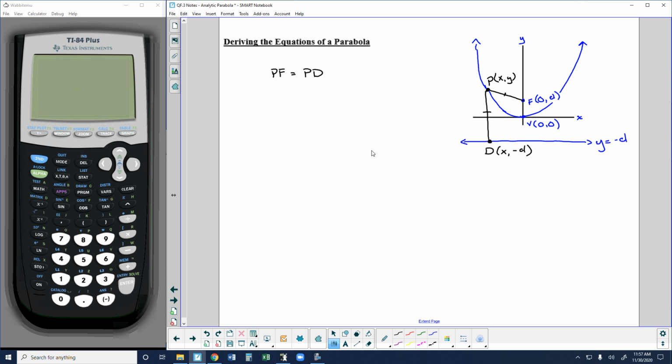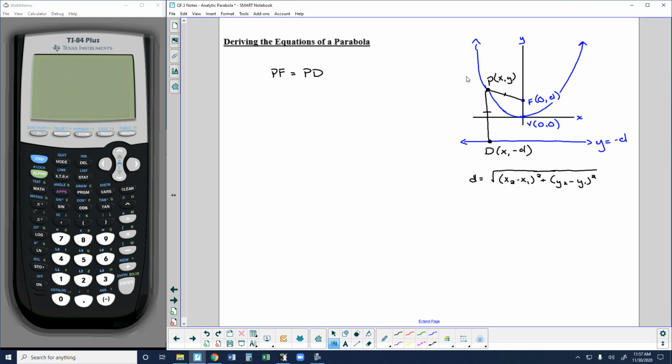Now let's go back a little bit to geometry or algebra 1. Anytime you want to find the distance of something that has coordinates, you can use the distance formula. You might remember this. The distance formula is the square root of x2 minus x1 quantity squared plus y2 minus y1 quantity squared. So PF.